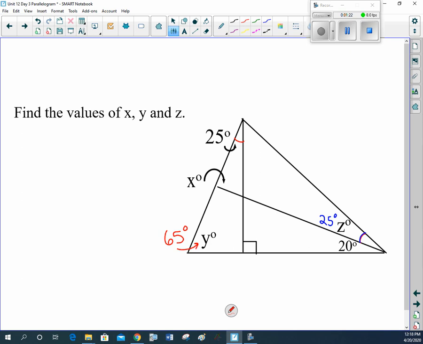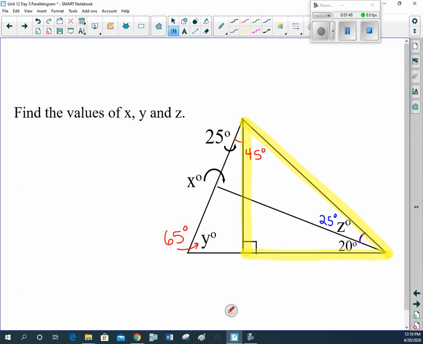Okay, now I think I will look at this triangle, the other side of the triangle right here. That'll give me the top angle, because once again, I've got 45 down here, so that must mean this angle up here is also 45.